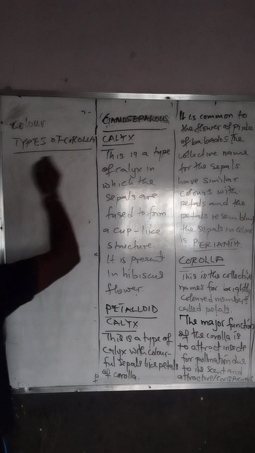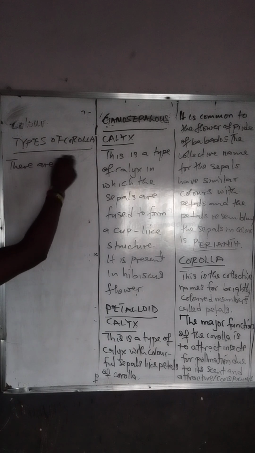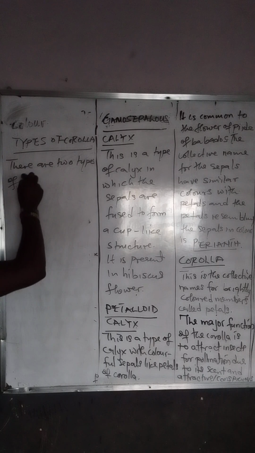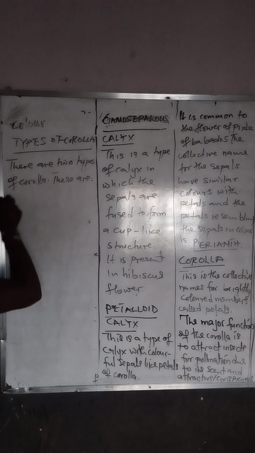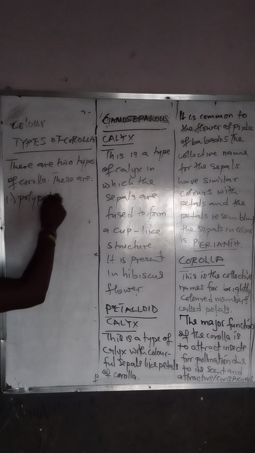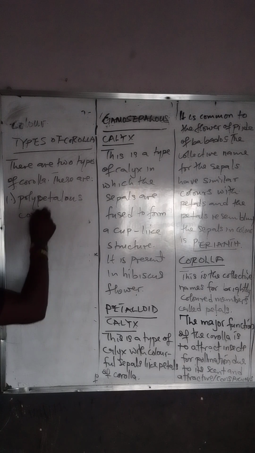Just like here, we see there are two types of corolla. One, polypetalous corolla.